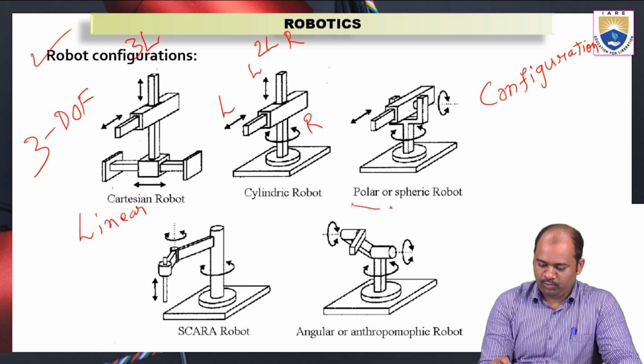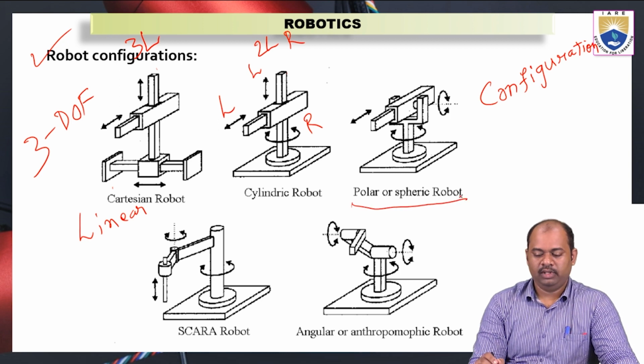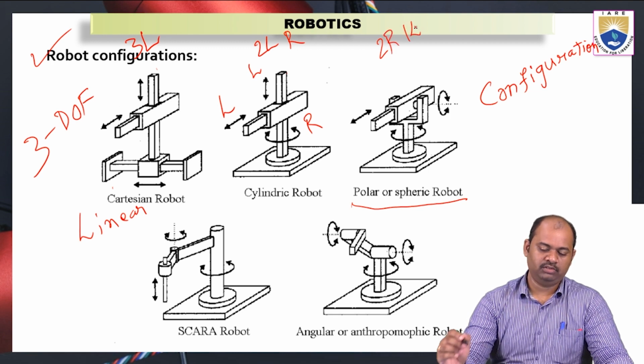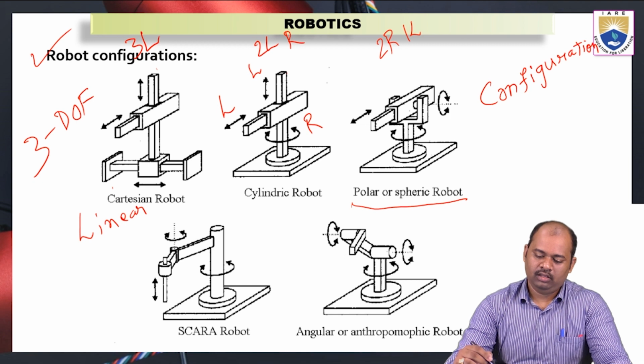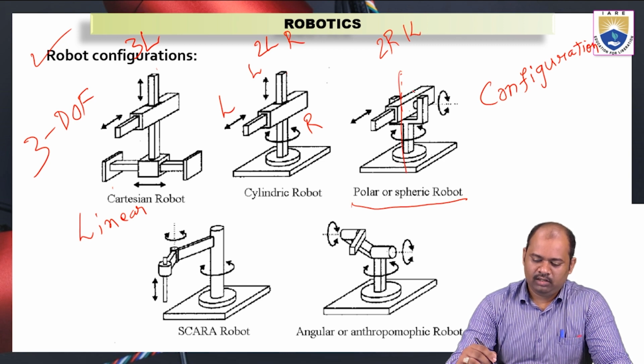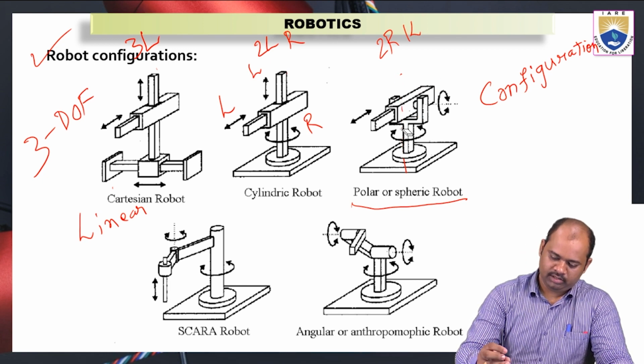And see here, the polar or spheric robot. Here we can see 2 rotational motions and 1 linear motion are possible. The entire robot system can rotate about this vertical axis. And again, this link can rotate about another axis.